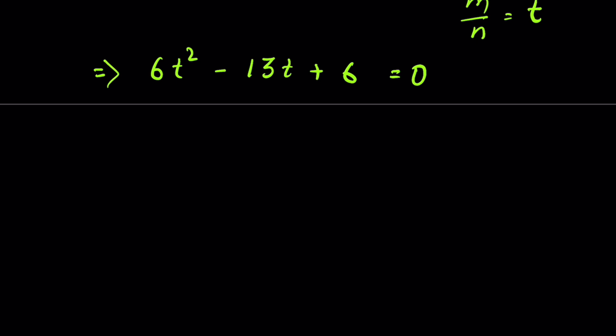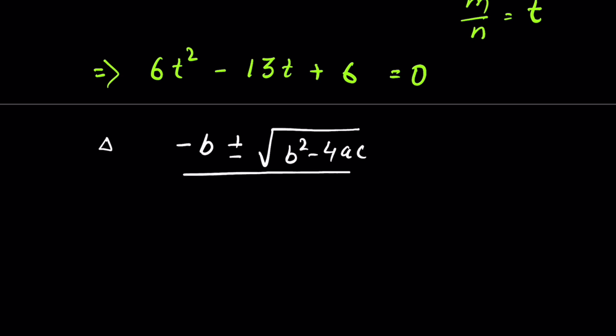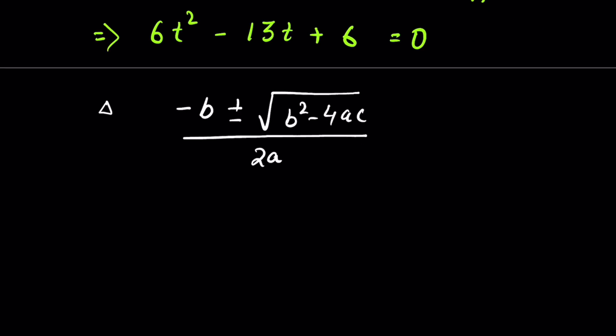The root for t here will be, as per the discriminant formula, minus b plus minus square root of b square minus 4ac upon 2a, where a is the coefficient of t square, that is 6, b is the coefficient of t, that is minus 13, and c here is 6.